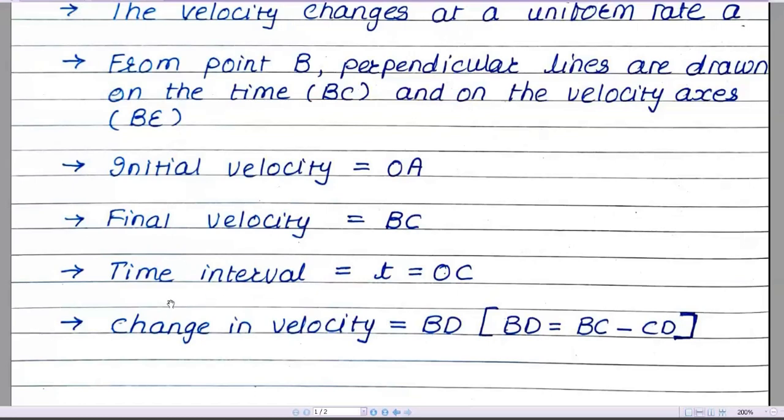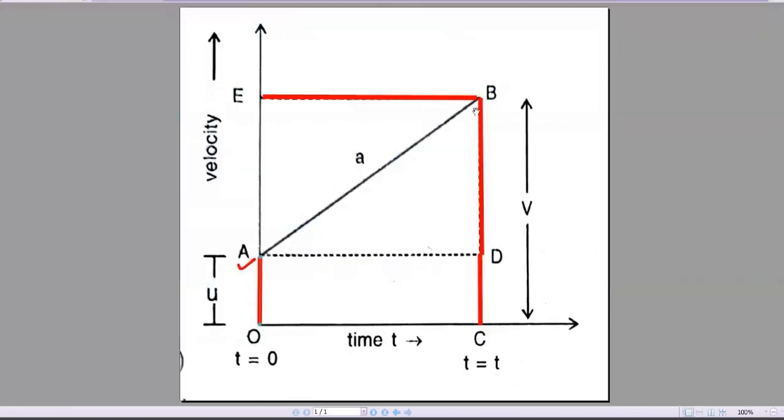Now, we have seen that change in velocity is actually BD, because change in velocity is final velocity minus initial velocity. So here, this change in velocity is actually final velocity minus this initial velocity.